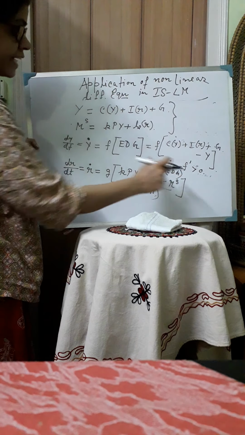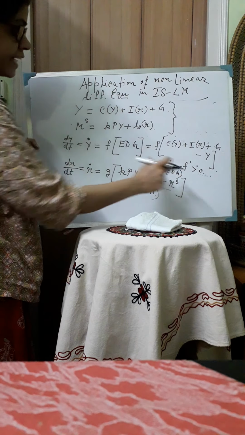So what we are getting, dr dy, R dot is equal to 0 is greater than 0. That means R dot is equal to 0 curve is a positively sloped curve. So along the y-axis we are taking R, along the x-axis we are taking y. So we get a curve which represents R dot is equal to 0, and this curve is the LM curve.